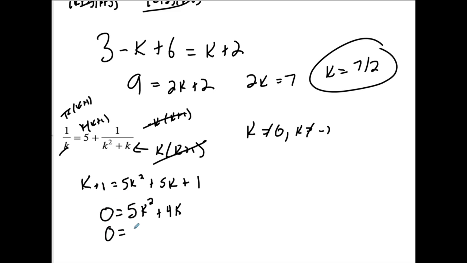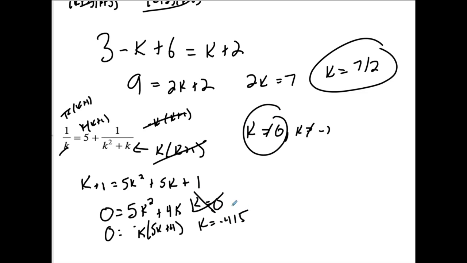So 0 equals k, actually just k, 5k plus 4. So either k is equal to 0 or k is equal to negative 4/5. But k can't be 0. So basically what that means is that k is negative 4/5.